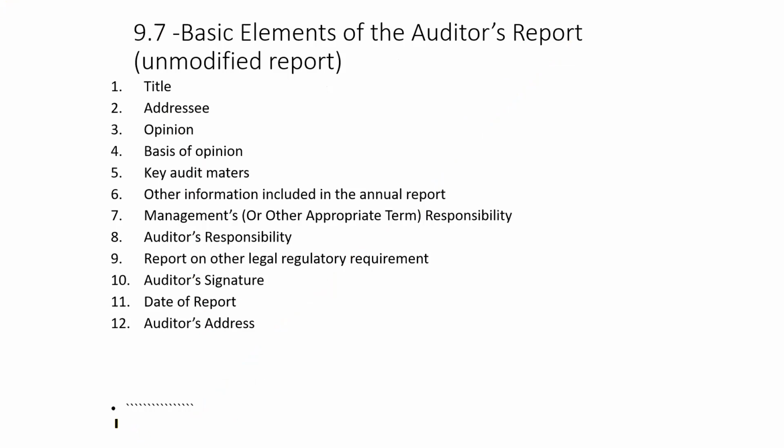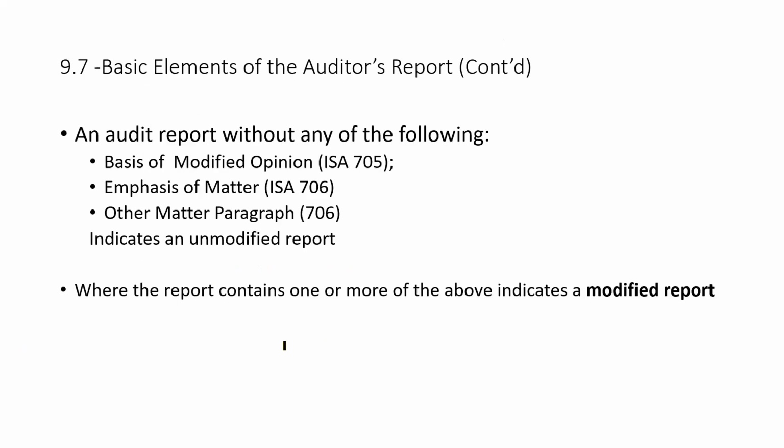It has the title, the addressee, the opinion paragraph, the basis of opinion paragraph, key audit matters, other information included in the annual report, management or director responsibility, auditor responsibility, report on other legal and regulatory requirements, auditor's signature, date of the report, and then the auditor's address. The basic elements of an unmodified audit report.